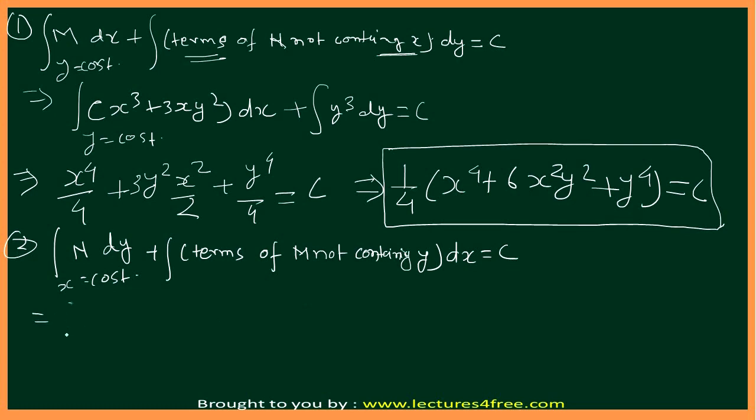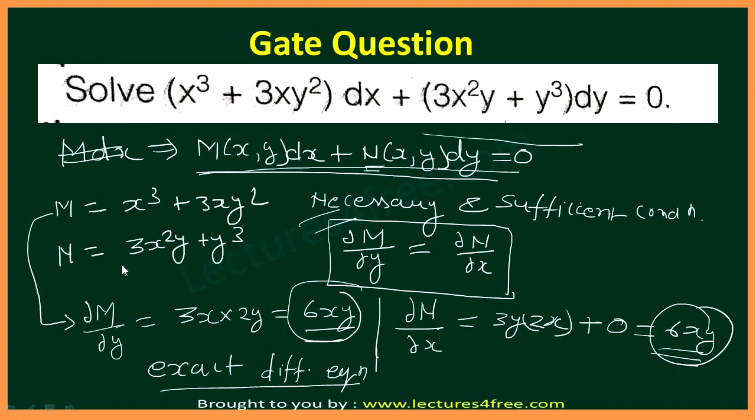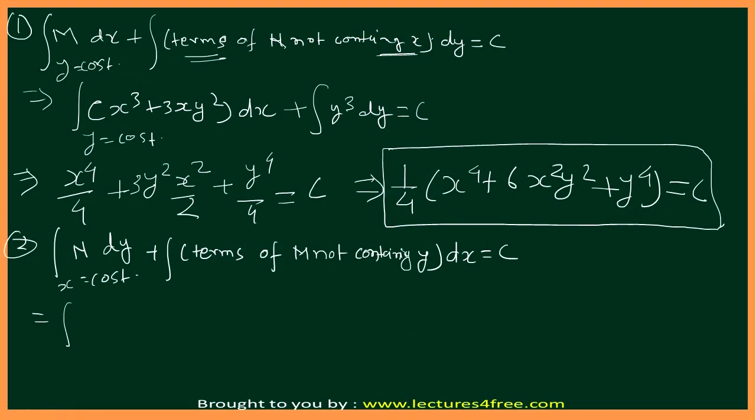Here, what is N? 3x²y plus y³, dy, and here we have to take x as a constant, plus the integration of the terms of M not containing y.